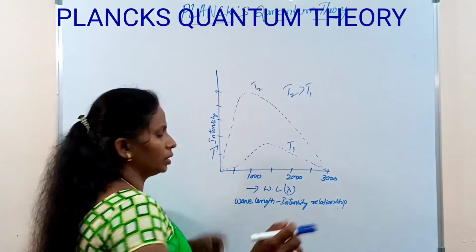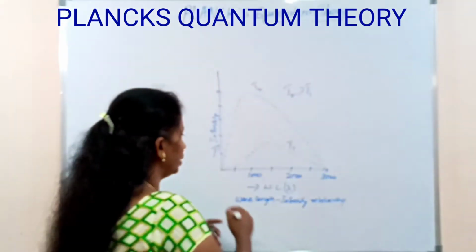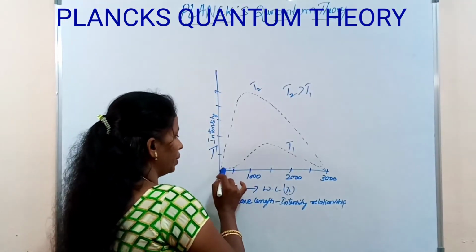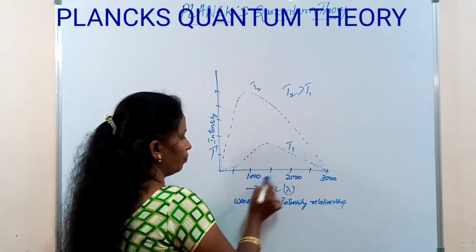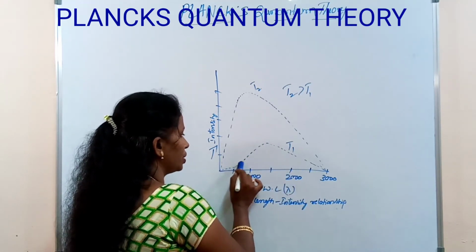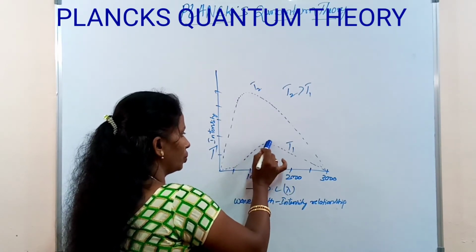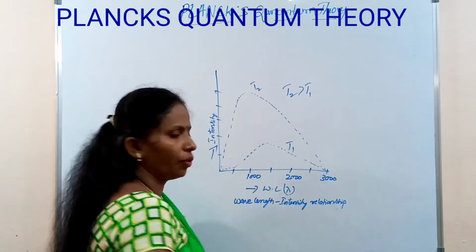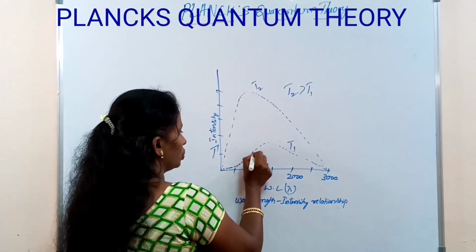If you draw these variations with temperature graphically, at lower temperature we get a graph like this, where the energy goes on increasing, then reaches a maximum at a particular wavelength.